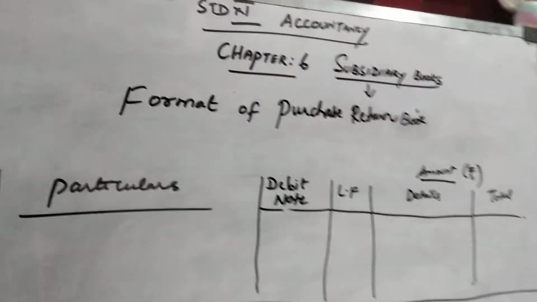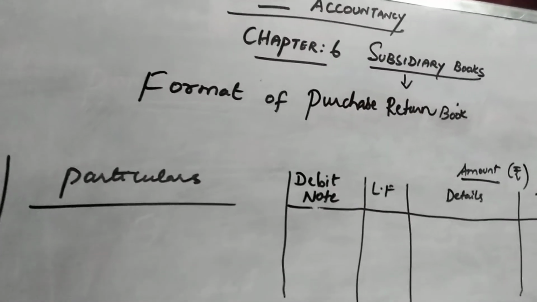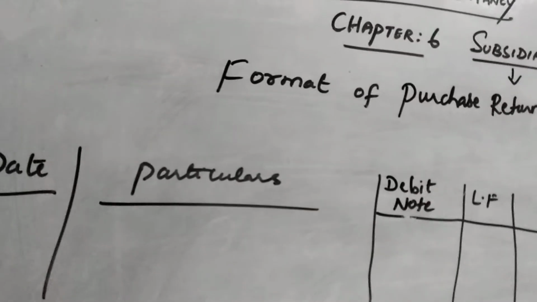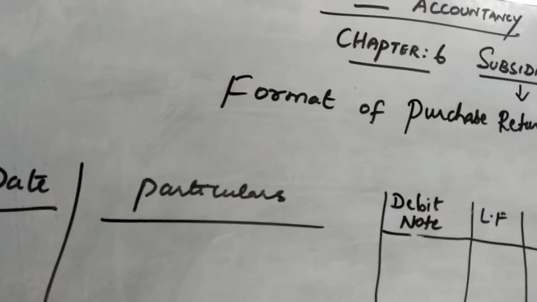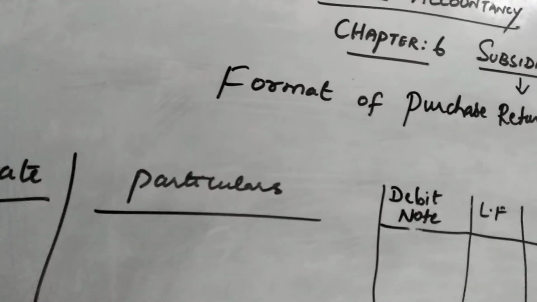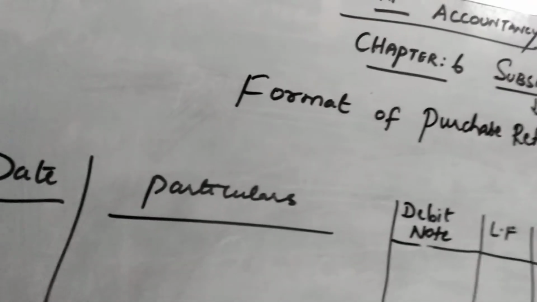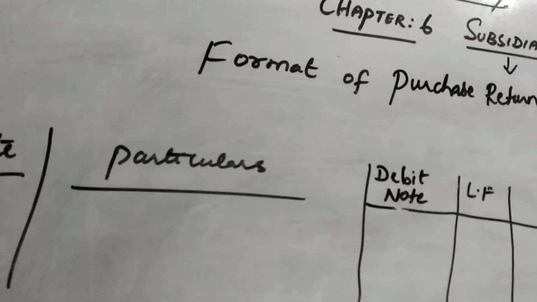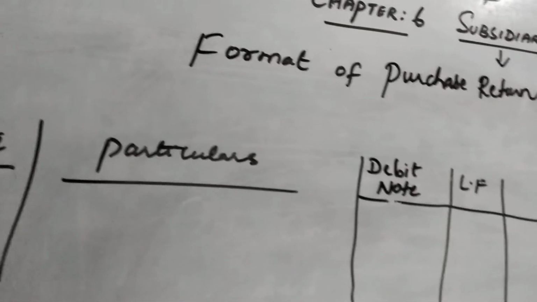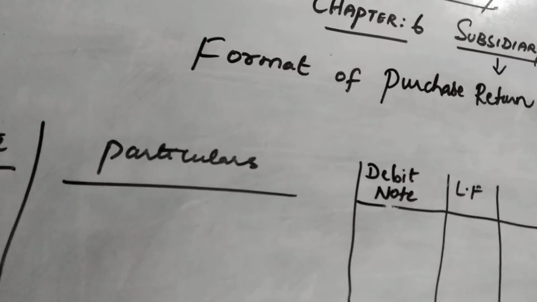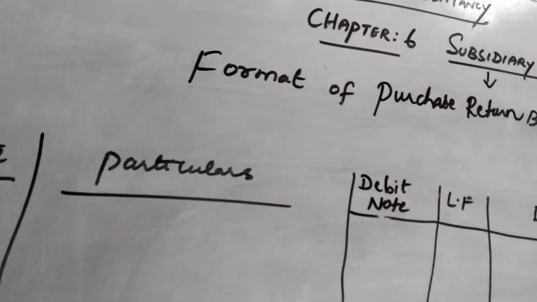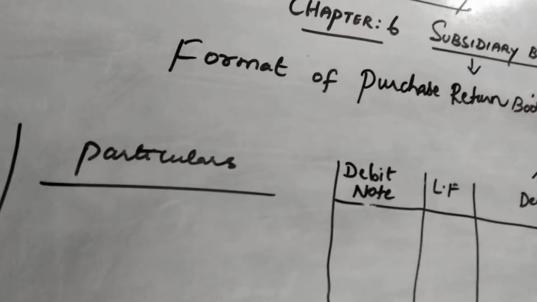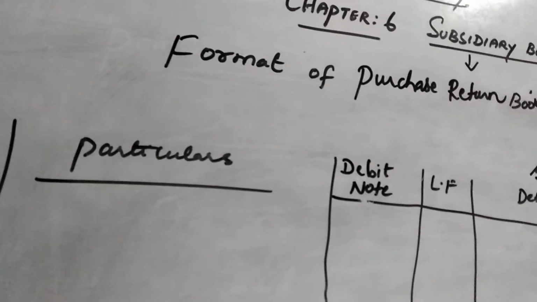So the next one is the format of purchase return book. When we return back the goods which have been purchased, there may be several reasons for the return of goods back to the supplier. Goods may be defective, or they might have been damaged in transit, or quantities delivered may not agree with the invoice.